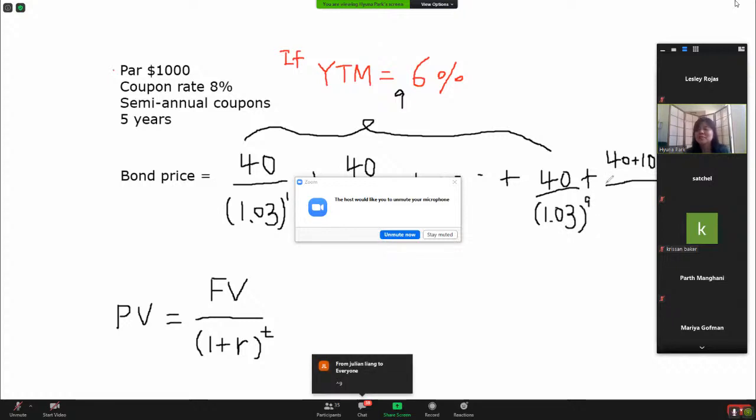Yeah, good job. And what should I write here? The last, the 10th payment of 1,040, divided by 1 plus 3% to the power of 10.